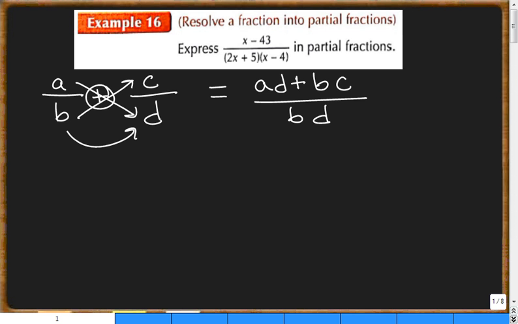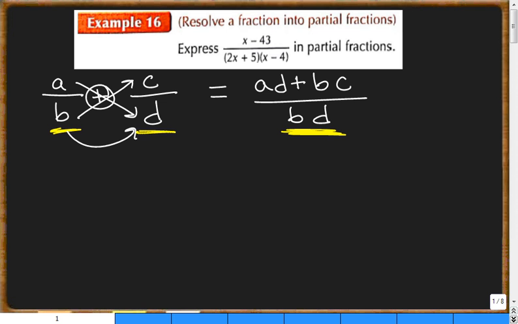So we can use this kind of in reverse to figure out how it is that we break this into partial fractions. Well, your denominator is going to be the product of the denominators of the split up fractions. So if we know how to break our single denominator into factors, we can break that up.